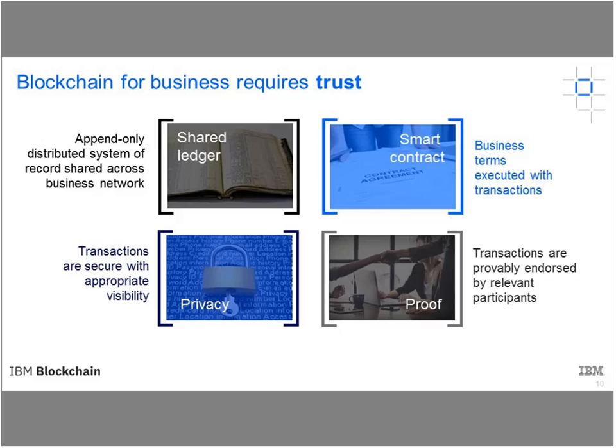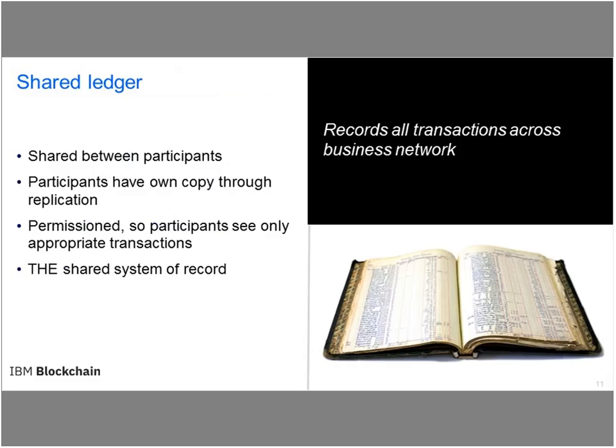So right now we have covered the 7 to 8 characteristics of why blockchain, and what are the features associated with the blockchain. Going to the next slide, slide number 11. This is the shared ledger. So I can say this is the shared system of record.